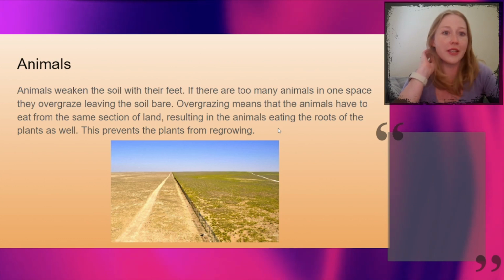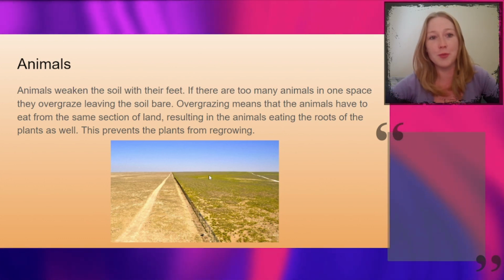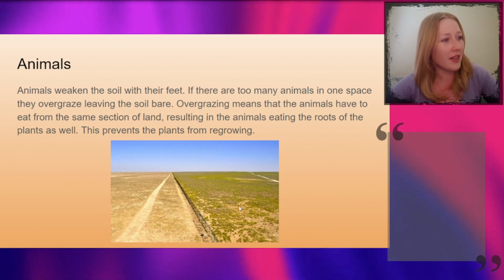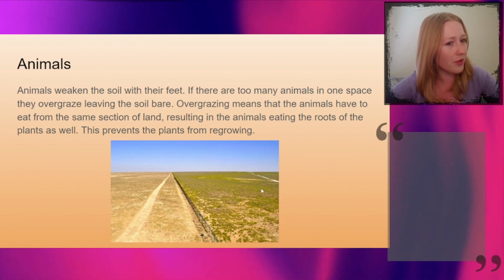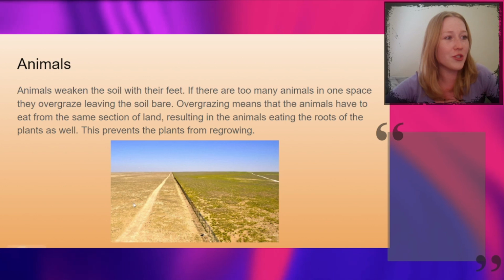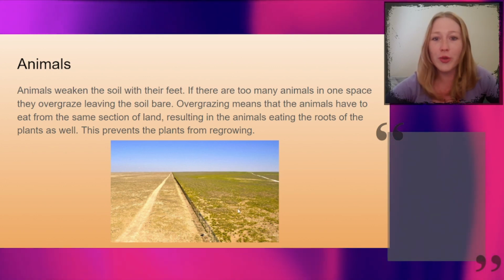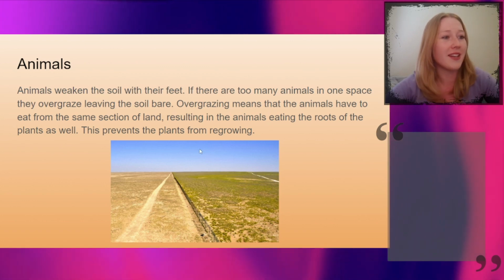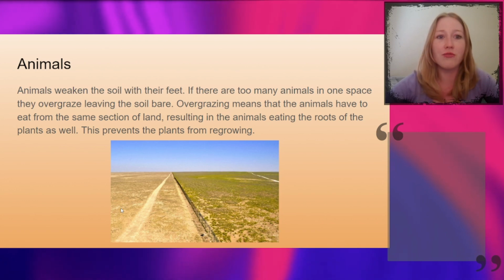Okay, so let's take a look at each of these problems in a little bit more detail. So I like this picture. I like how it shows two different plots, and you can see how these two different plots are managed very differently. This is looking very green and lush on the right-hand side, and the left-hand side is looking very sad and almost dry.